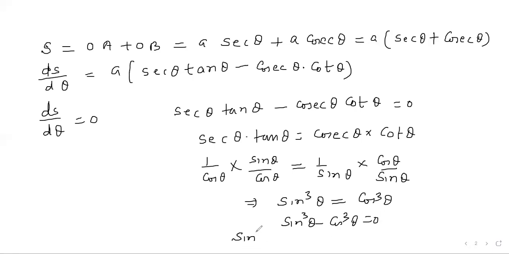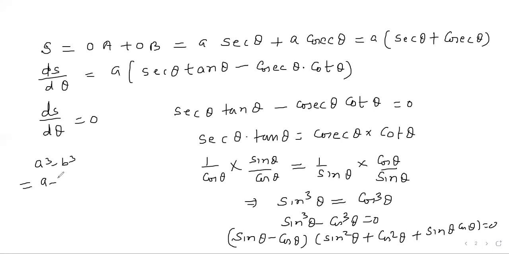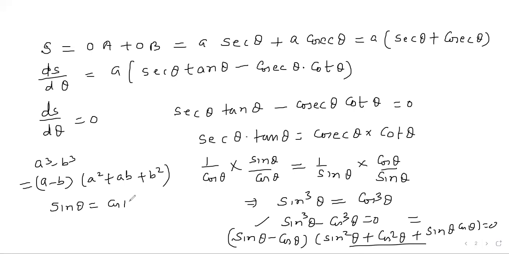We apply the formula a cube minus b cube equal to a minus b times a square plus ab plus b square: sin theta minus cos theta times sin square theta plus cos square theta plus sin theta cos theta. Now the second term can't be 0, so sin theta minus cos theta equal to 0, or tan theta equal to 1, which means theta equal to pi by 4, because tan pi by 4 equal to 1. So we have got theta as pi by 4.